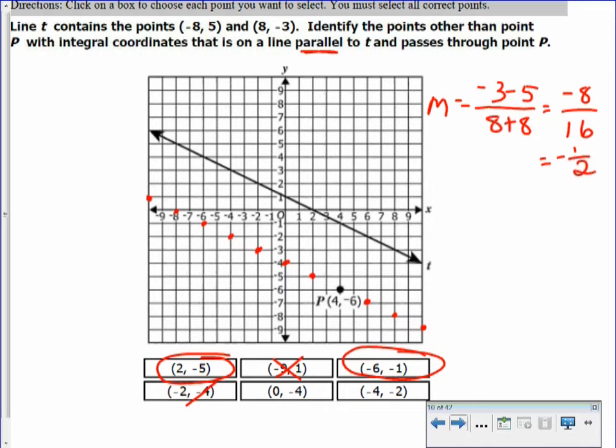Oops, but not quite. 0, -4? And last but not least, -4, -2? Yes. There are 4 possible answers there. Write that up.